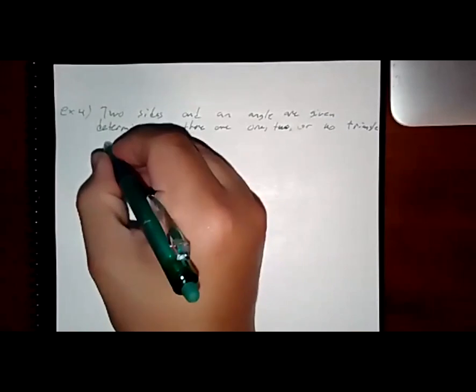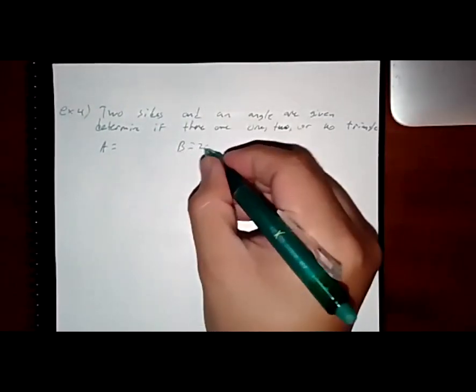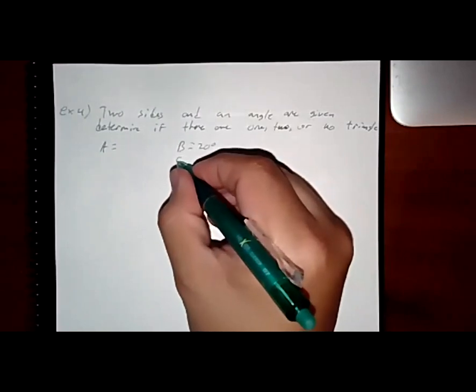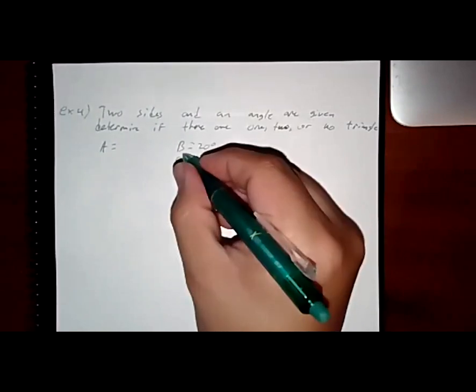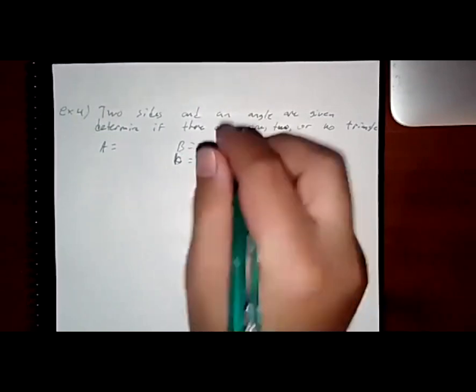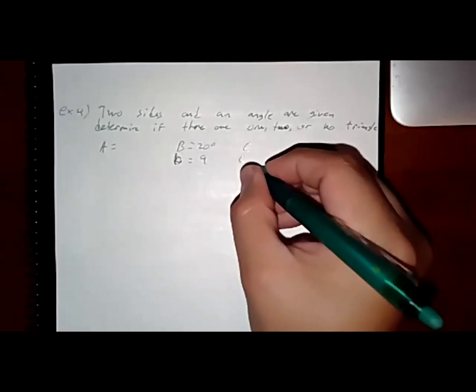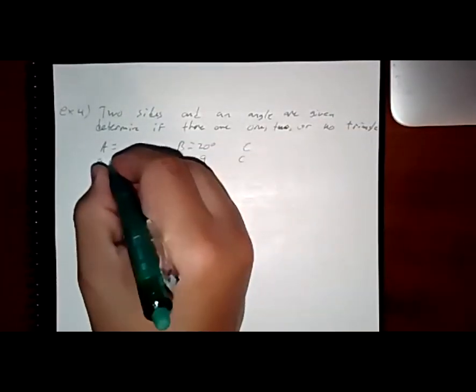Okay. So we don't know capital A. We do know B to be 20. We don't know C. Oh, I'm sorry, little b is going to be 9. We don't know C or little c or little a.